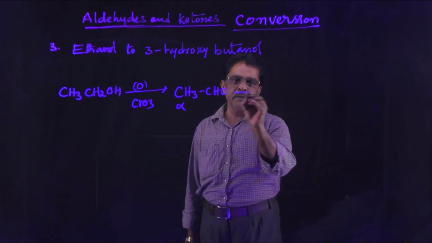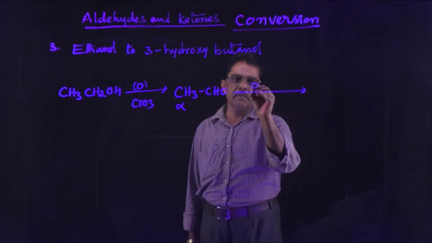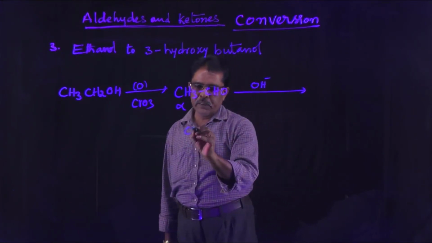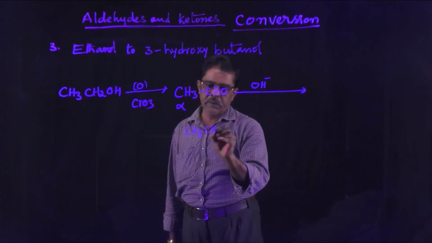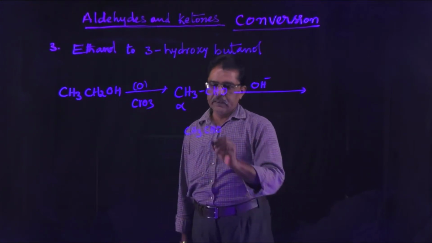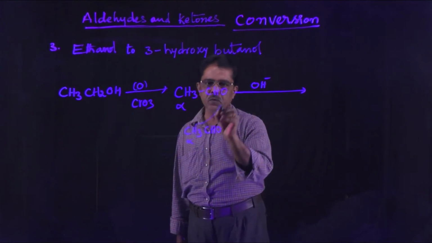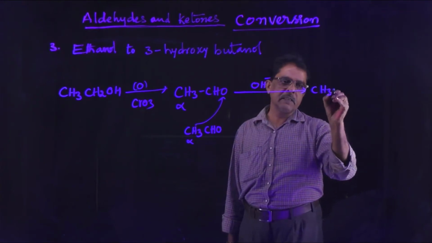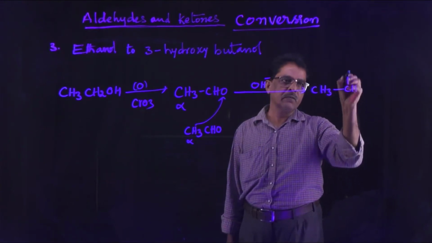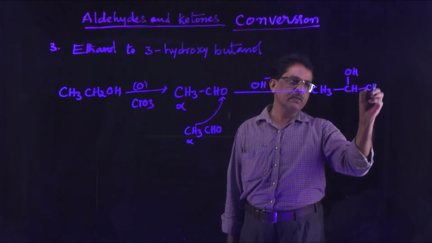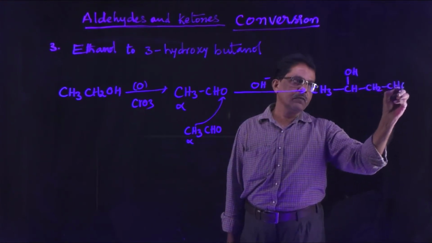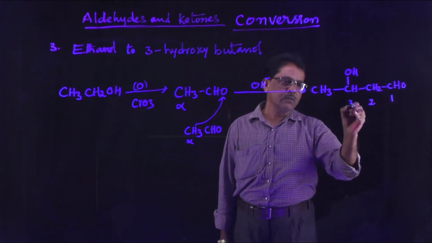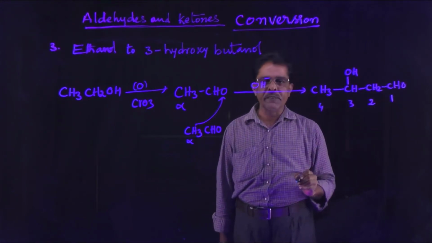So what will happen here in the presence of base, OH minus, right? 1 mole of CH3CHO. Here this alpha hydrogen goes to this oxygen. Then what is the product formed here? CH3CHOH CH2CHO, right? So I want to give the numbering from this side, 1 2 3 4, because the functional group is present.